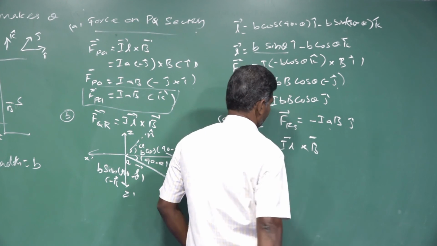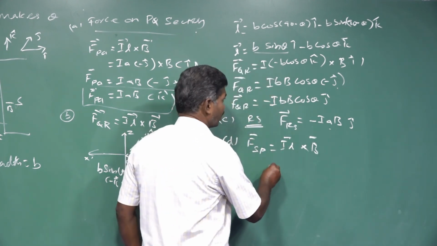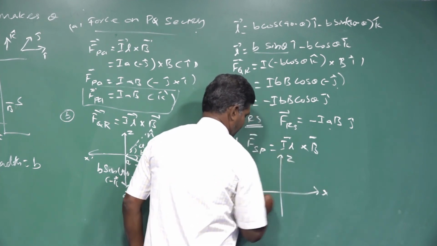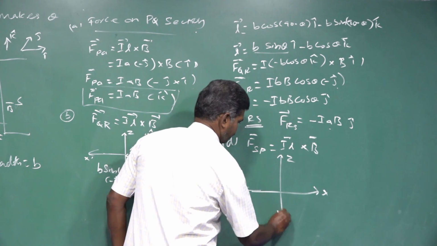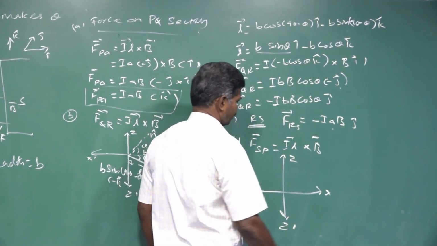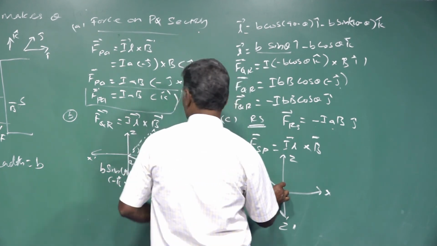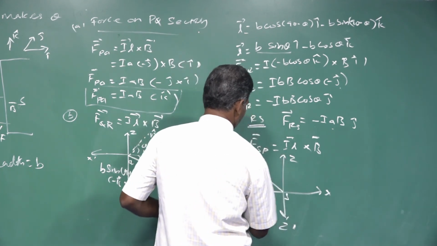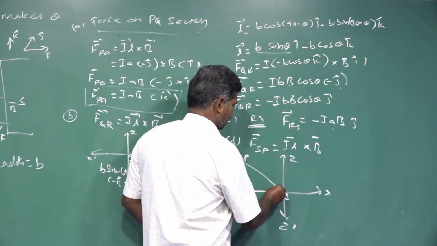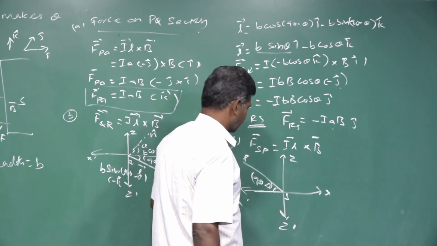For the fourth case, we take SP vector as I L vector cross B vector. Then this L vector makes a certain angle. There we are going to draw a diagram. This is the x-axis, this is the z-axis, this is the z prime, sorry, x prime, and this is the z prime. Here we take the breadth side of SP, which makes an angle of 90 minus theta.